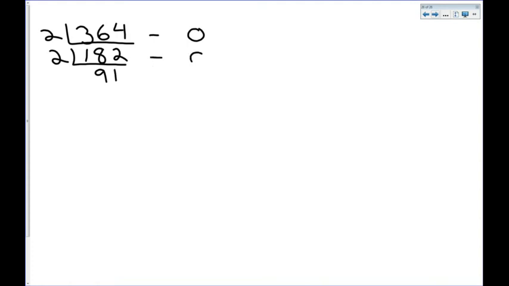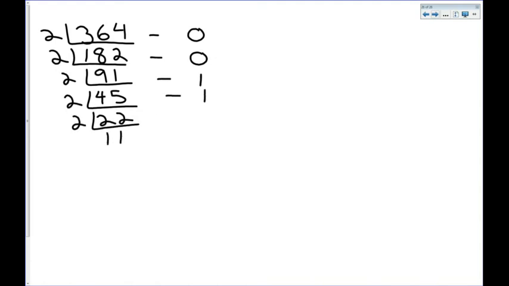Remainder? 91 divided by 2. Remainder? 45 divided by 2. 22 divided by 2. Remainder? 11 divided by 2. 5 divided by 2. 2 divided by 2.